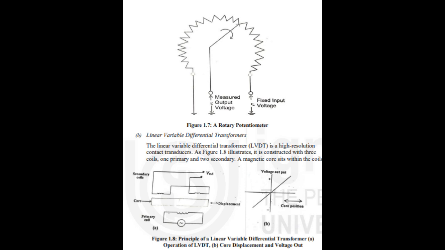If an alternating current is imposed in the primary coil, a voltage will be induced across the secondary coil. The magnitude of that voltage is a linear function of the position of the magnetic core. Deviations from the null position of the core are translated into voltages by the equation Vo = Kx (1.7), where Vo is the change in output voltage, K is a proportionality constant and x is change in position.